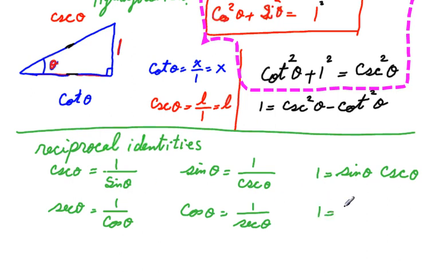So again, here we have 1 is equal to cosine of theta times secant of theta. What do you think is going to be my number 3? So 1 over tangent.